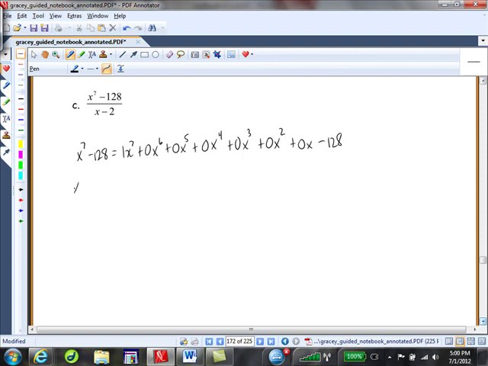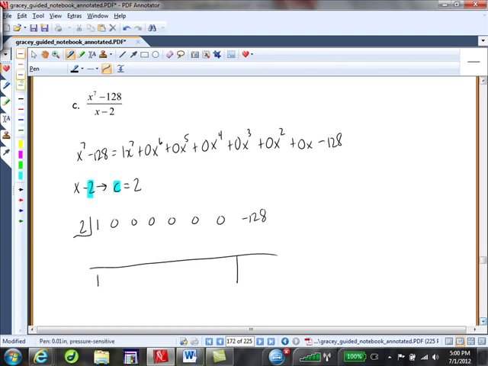And then we have the x minus 2, that gives us c equals 2, because our minus is already in it, so that's our c. Okay, so we've got our box here, and then we're going to have a 1, and then 6 zeros. And then the negative 128. And that's where the remainder will go.